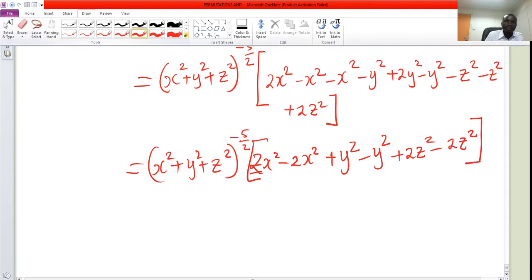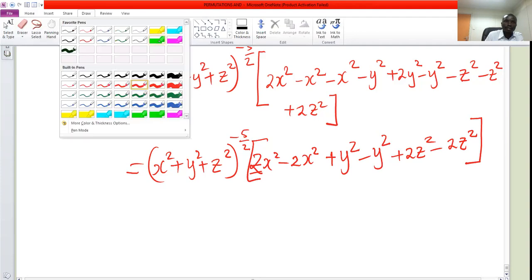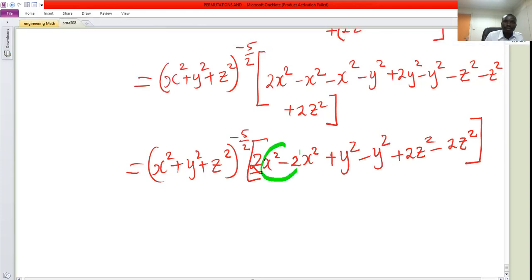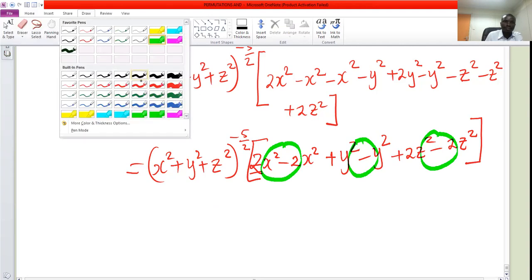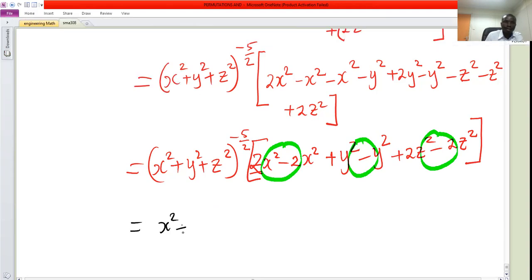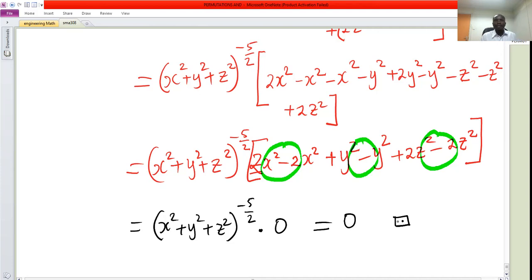And clearly, this will give us 0, this will give us 0, and this will give us 0. So we have this factor, x squared plus y squared plus z squared raised to minus 5 over 2, and then just being multiplied by 0, which is 0, and that is the end of the proof. So thank you.